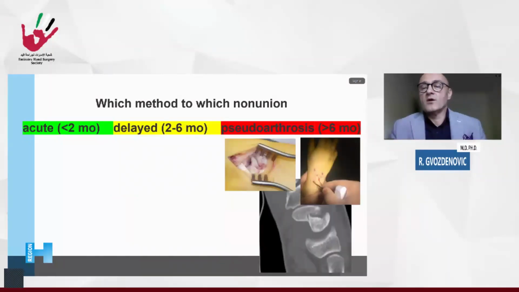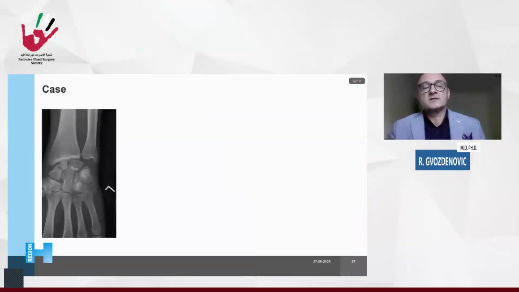And in non-union cases where greater instability is found, use whatever method you feel confident with. Just make sure that you do it as soon as possible after injury and try to correct the deformity in a proper way.